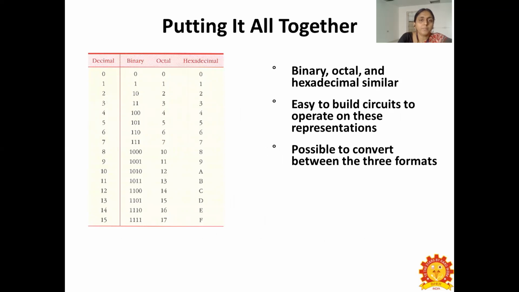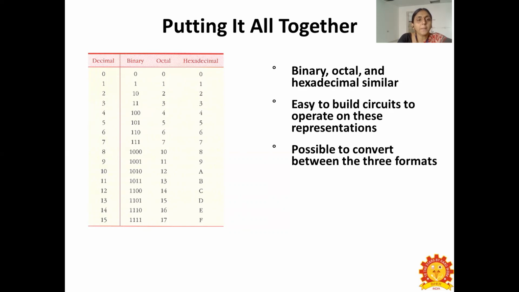And now we bring all the number systems into a table. Here the first column represents the decimal number system, the second column represents the binary number system, the third column represents the corresponding octal number system, and the last column represents the corresponding hexadecimal number system. So here, from 0 to 15, the numbers have been given in decimal.